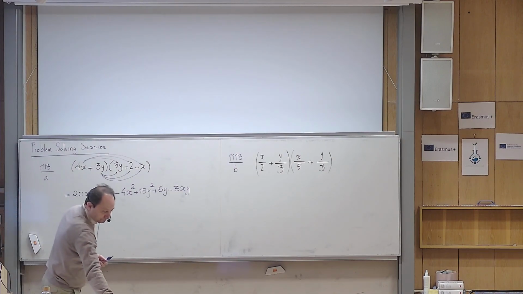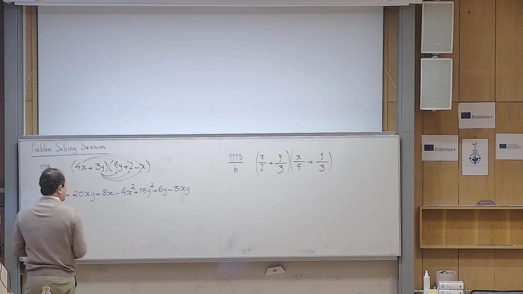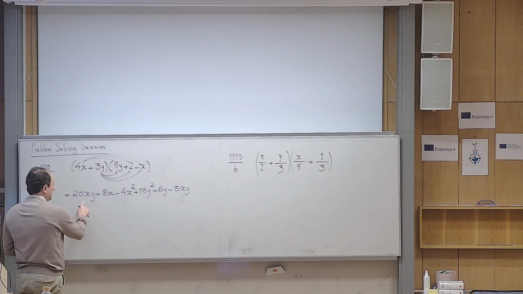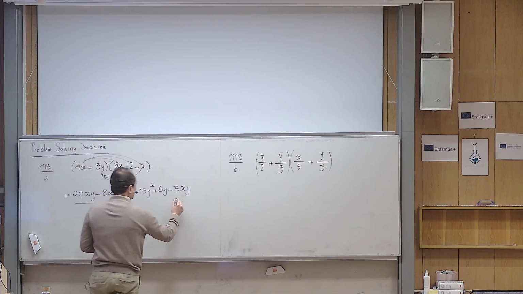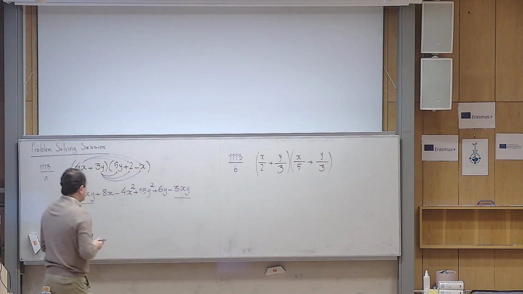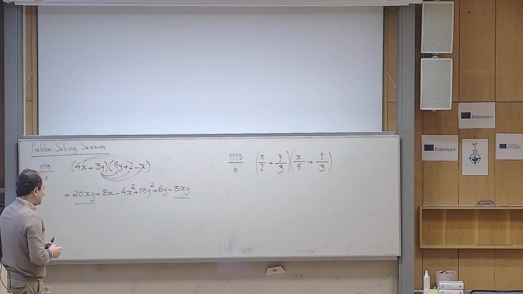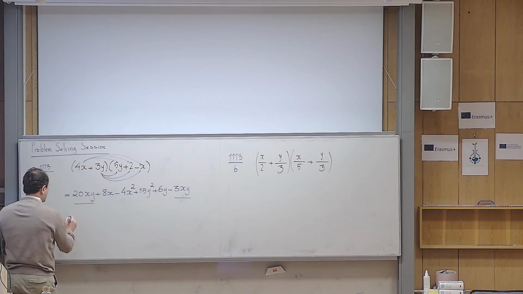But then I need to find the similar terms. Here we have this one and the last one. They are similar. Is there any other similar term? No. Yes? So these are the only ones. So then I just continue one more step.